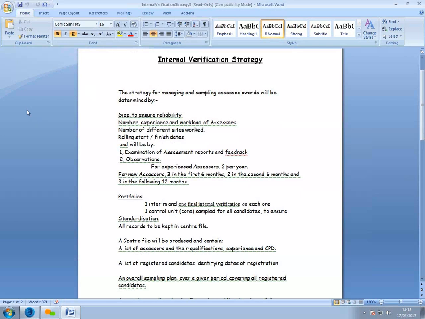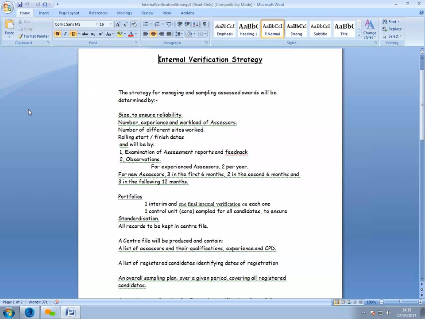It's a strategy of managing and sampling assessed awards, and it will be determined by size to ensure reliability, the experience and workload of the assessor, the number of different sites worked, rolling start-finish dates, and will be by examination, assessment records and feedback.